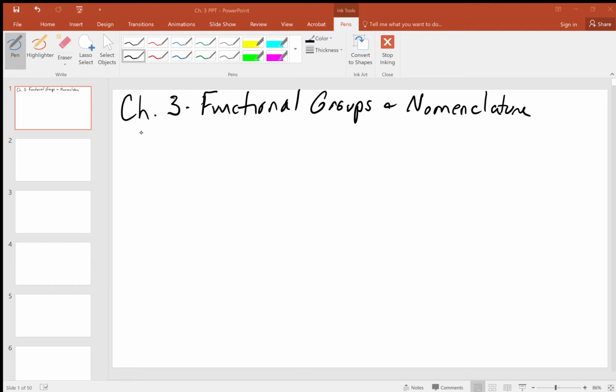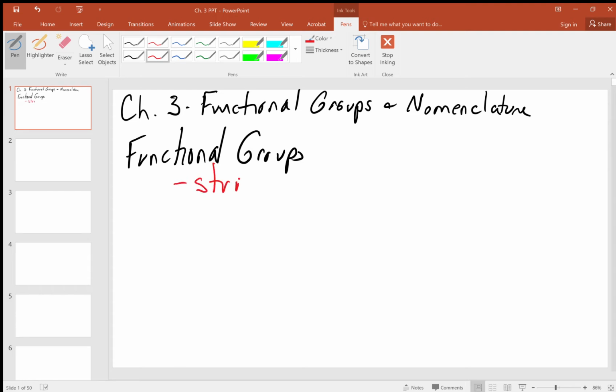So, first question, what are functional groups? These are one of the most basic things that you have to know to do organic chemistry, to understand organic chemistry, or to even be able to talk about organic chemistry.